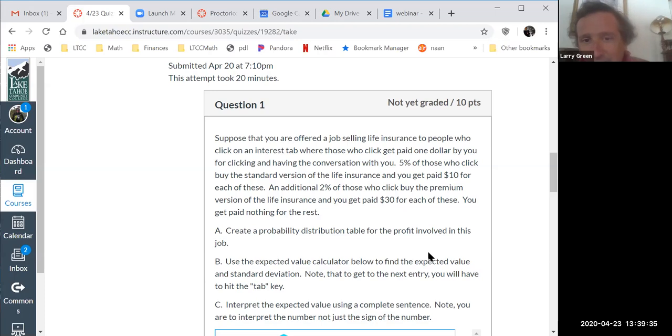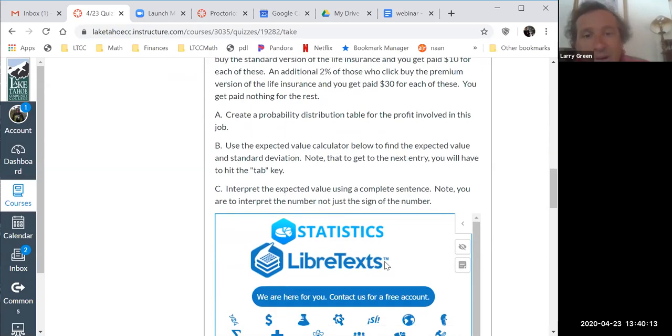An additional 2% buy the premium version, and you get paid $30 for each of these. You get paid nothing for the rest. And it costs you $1. You have to do a probability distribution table, use the calculator to find the expected value and standard deviation, and then interpret the expected value. Note you are to interpret the number, not just the sign of the number.